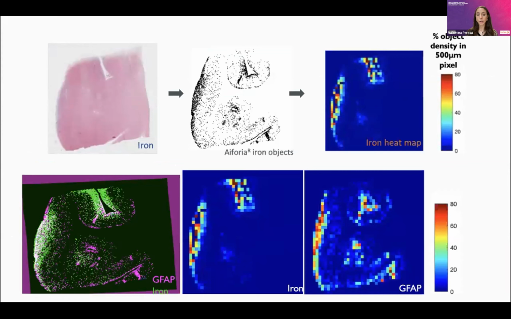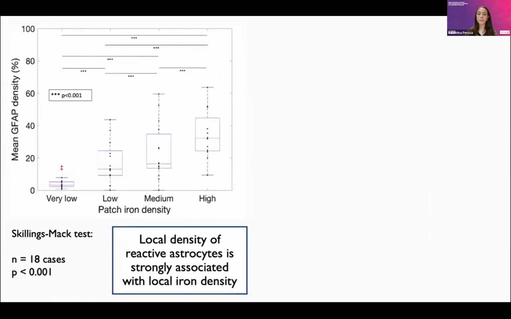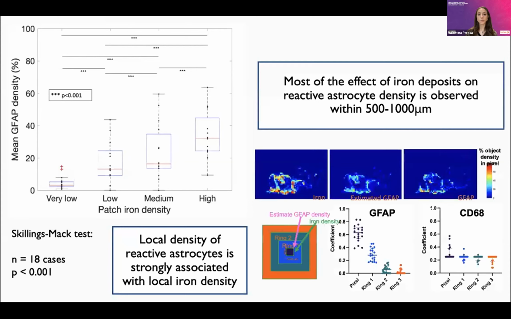So we then co-registered the GFAP stained sections with the iron stained sections in order to determine the overlap between these two markers. And what we found was that there was a local density of reactive astrocytes that was strongly associated with the local iron density, suggesting a neuroinflammatory process.